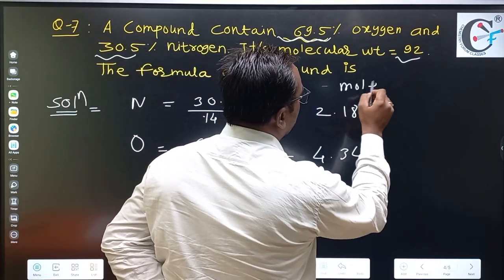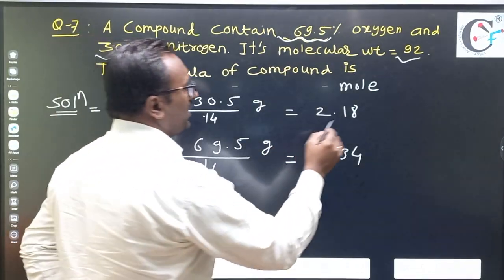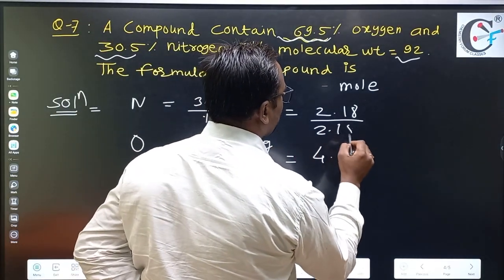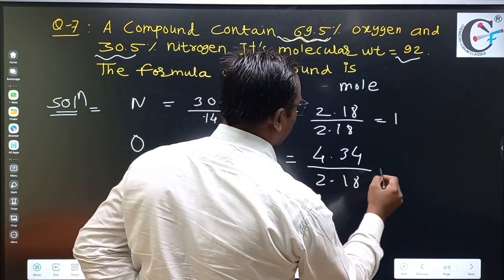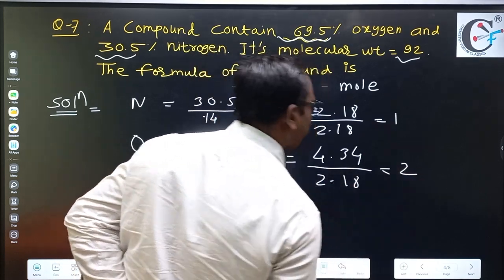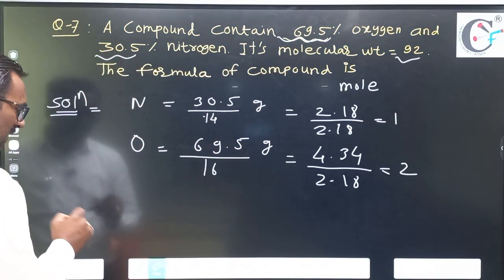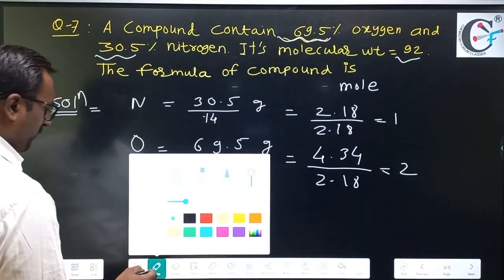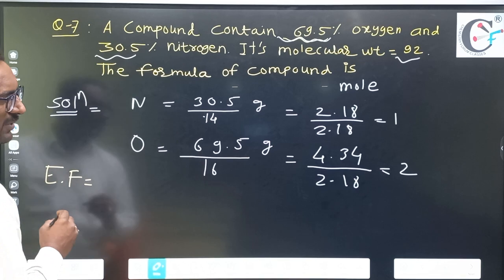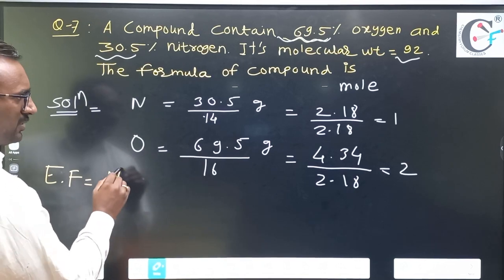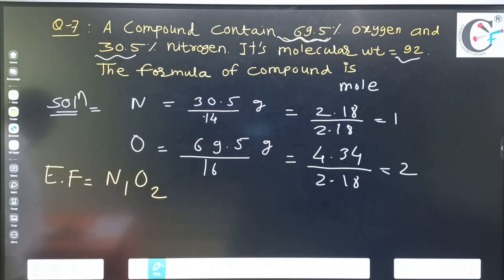Now, convert it into the smallest possible ratio: 2.18 divided by 2.18, we are getting 1 here, and 4.34 divided by 2.18 we are getting 2 here, the simplest ratio. So, the empirical formula of the compound will be equal to nitrogen 1 and oxygen 2, N1O2.